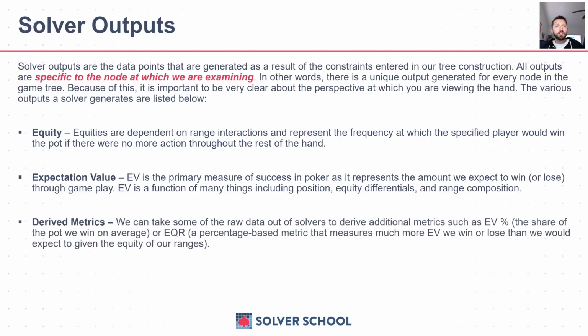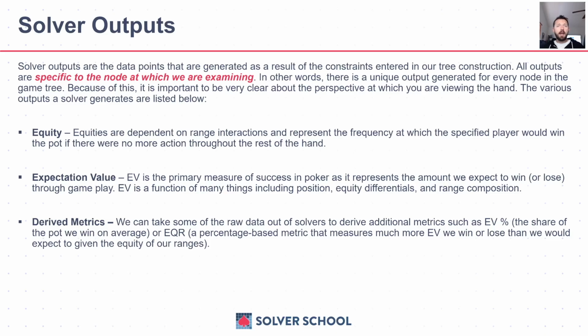Now, there are derived metrics that some solvers generate, some solvers don't. We can actually sometimes also even take some of the raw data out of solvers to derive some of these metrics ourselves. So things like EV percentage, which we'll define as the share of the pot that we win on average, or EQR, which is short for equity realization, which is a percentage-based metric that is native to PioSolver, not necessarily native to GTO+, but it measures how much more EV that we would win or lose than we would expect to win given the equity of our ranges.